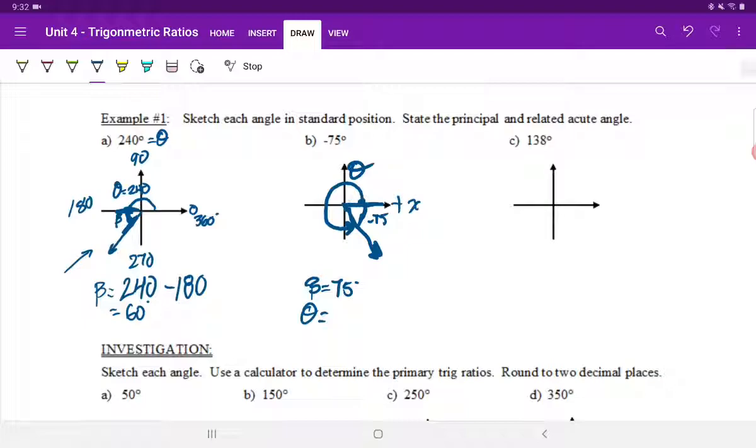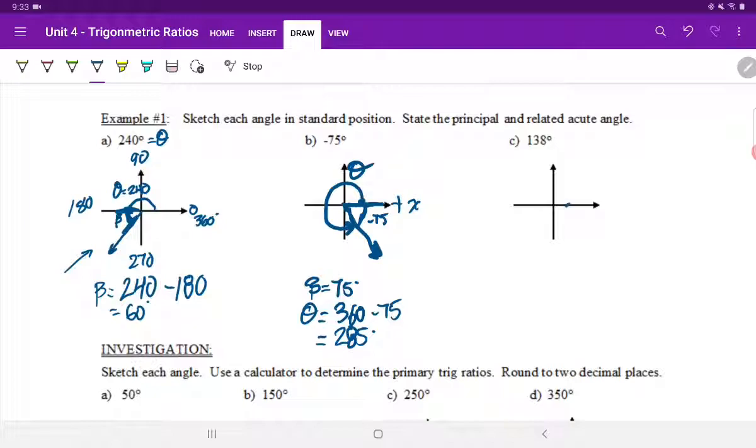Well, if it's 360 all the way around and then we go back 75 degrees, then our calculation would be 360 minus 75. So it'd be 285 degrees. So it's going to be different each time depending on the quadrant you're in. Let's look at the next example.